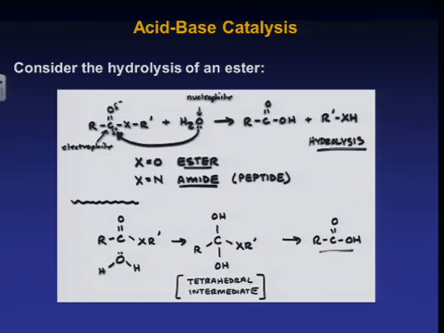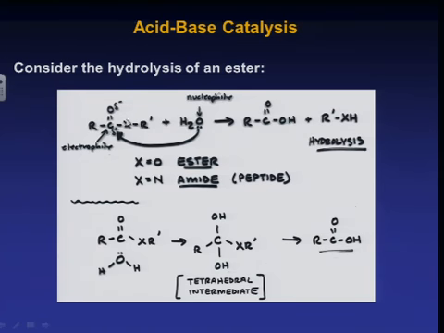So let's look at this hydrolysis reaction. What we're looking at here is hydrolysis of an ester, but it is applicable to an amide, and a peptide bond being an amide bond, this plays a role in the hydrolysis of what have we talked about that have these amide bonds?